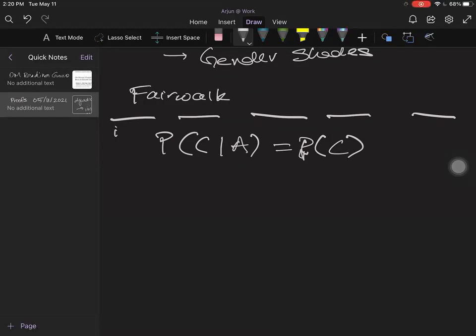There's also this thing called separation, which controls for the actual frequency with which the ground truth label occurs. So you essentially say that the prediction output and the sensitive attribute are conditionally independent given the ground truth labels.